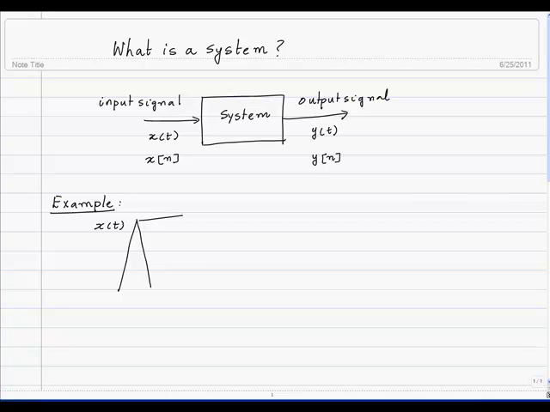Let us say this is a signal x of t, and you have your cell phone somewhere here. I'm trying to draw a smartphone here, so these days you don't see any antennas sticking out of the phones and things like this. So here is a cell phone. It has an antenna that's just not visible.